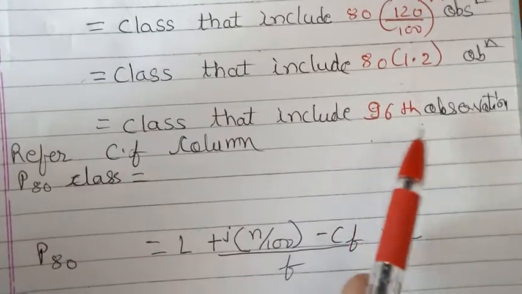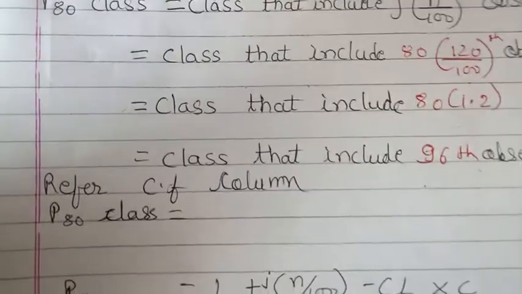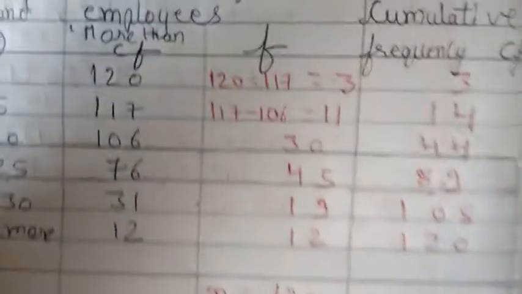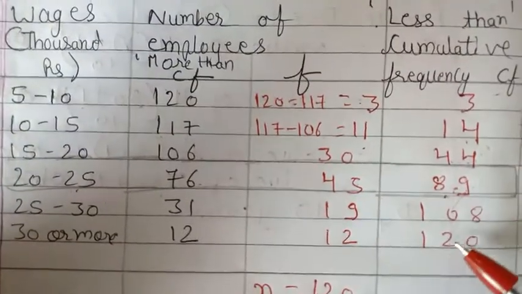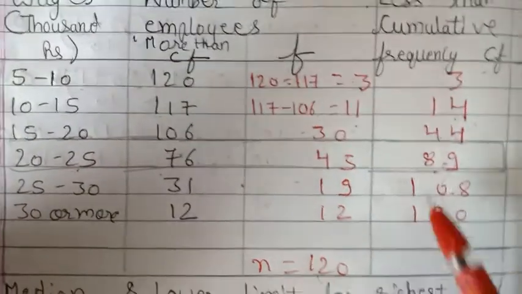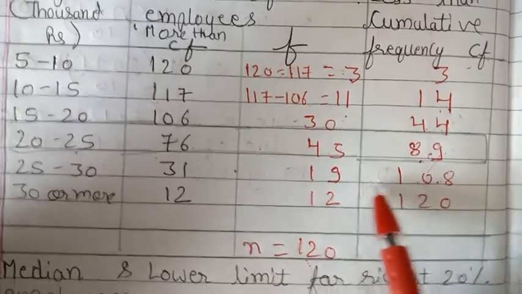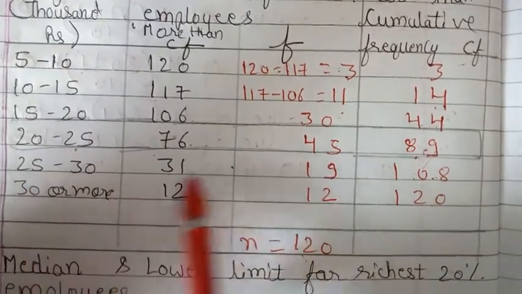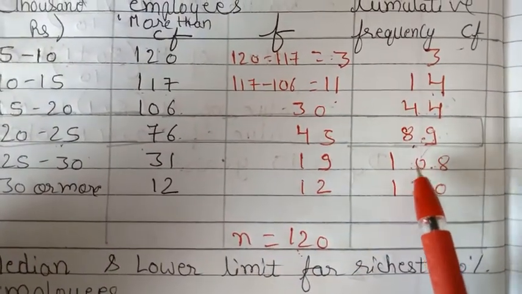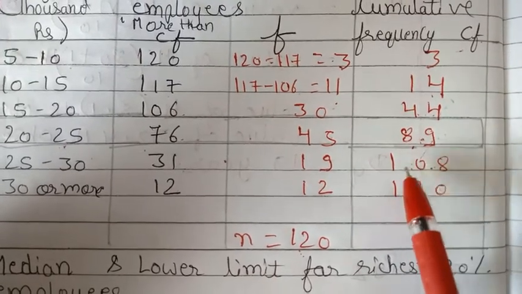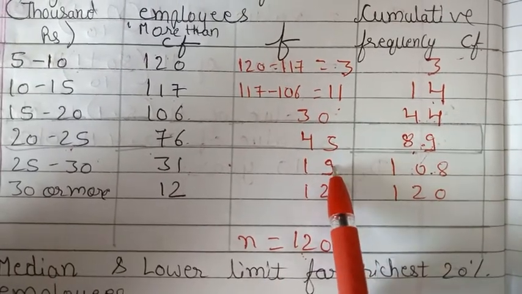Now we have to refer to the CFI column to see in which class the 96th observation comes. Here you go, see 96. So 96 comes in class 25 to 30, this one class. For this class CFI will be 89 and frequency will be 19.